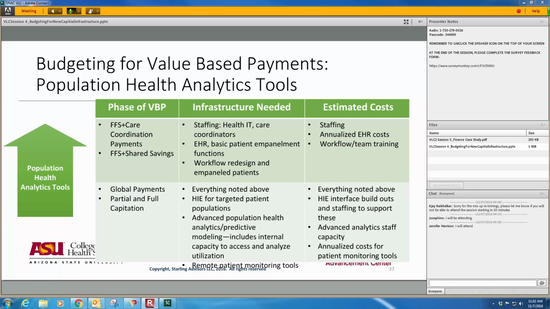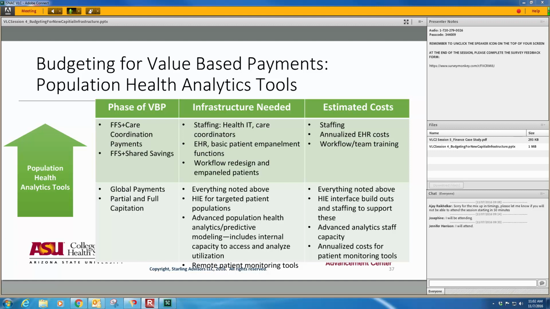So the costs, again, everything noted above, and then this is really where you see some cost involved in building out some interfaces, whether that's directly with your EHR and the HIE, or indirectly through some kind of centralized data aggregator, and some kind of a connection between the population health analytics tool and what your providers are going to need at the individual practice level.